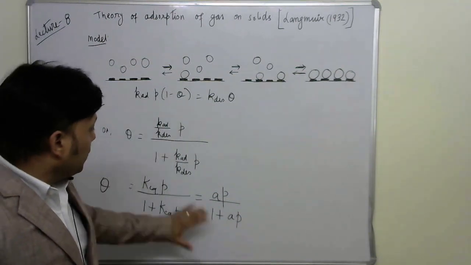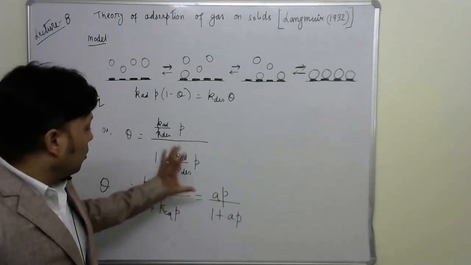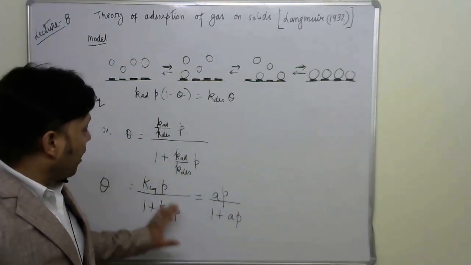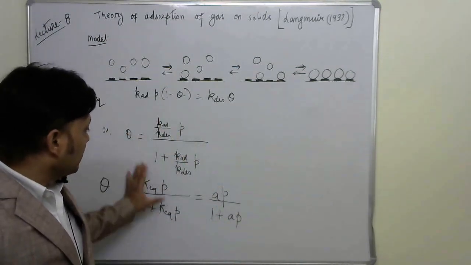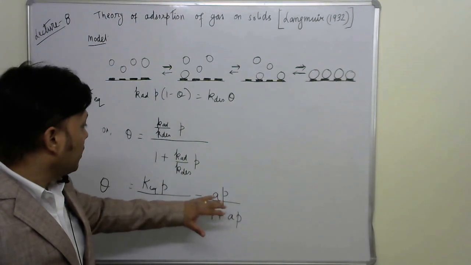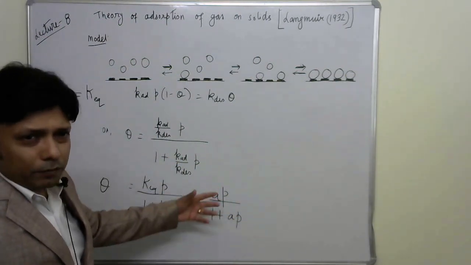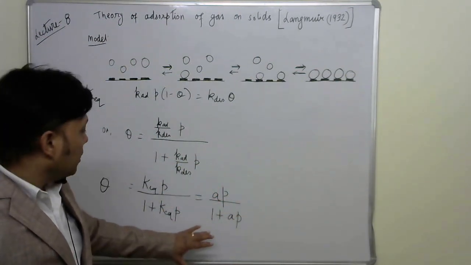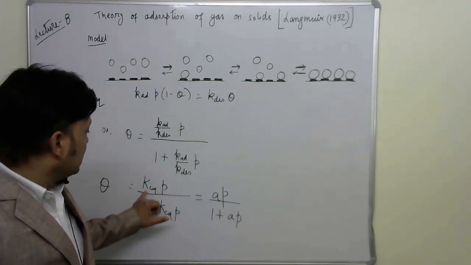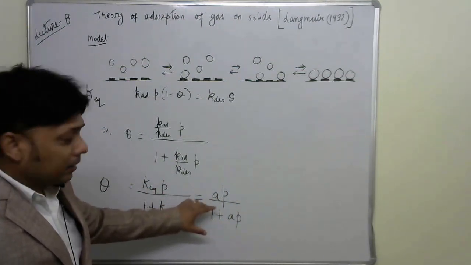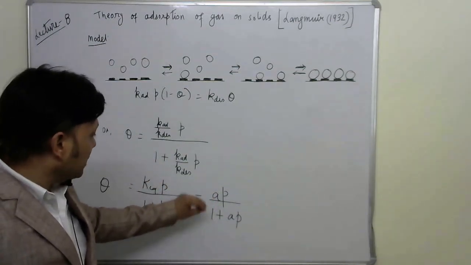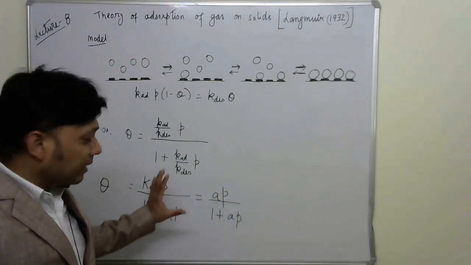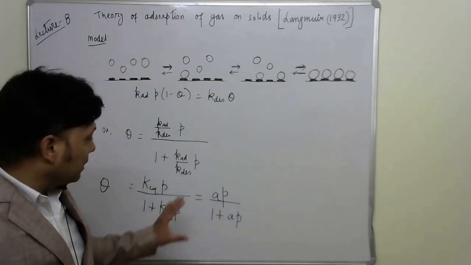Here I have simplified this expression because I have disregarded some other physical phenomena. So this constant A is actually not exactly the K equilibrium, but is associated with something else. At this stage, we are not going into that detail.